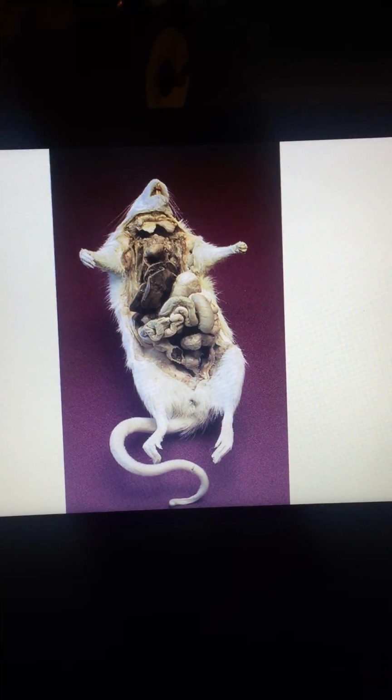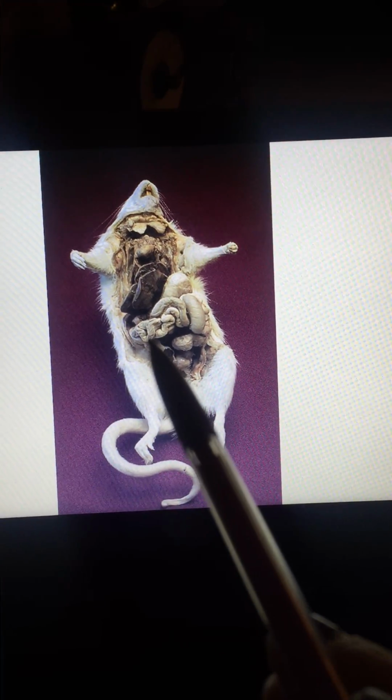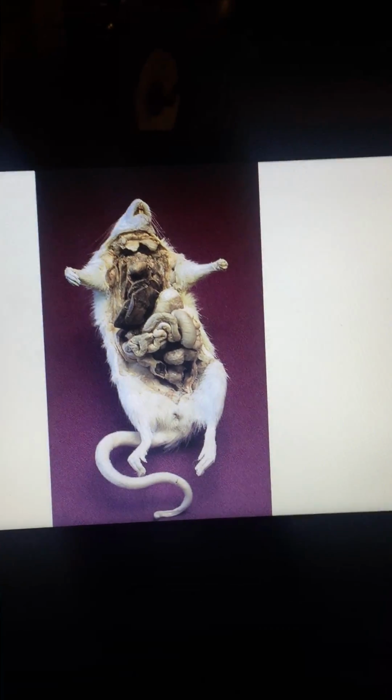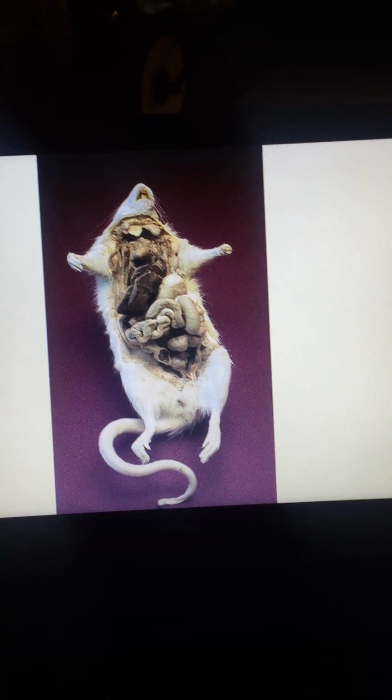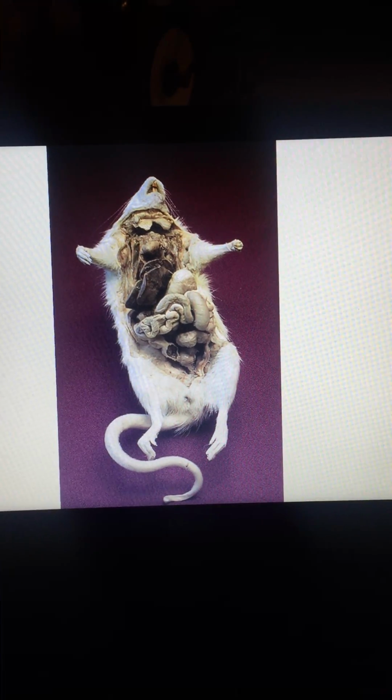Sometimes kids, even with a glove on, will feel around for that noticeable bump. Again, the kidneys will be right around here along the back of the rat. So to get to those, you'll have to scoop out the intestines. And the job of the kidneys is to filter the blood. And that's it on the rat.